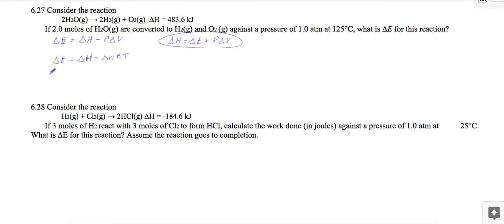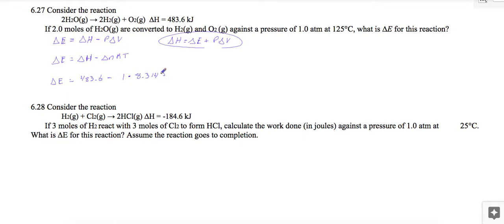We end up with 483.6 minus the change in number of moles is going to be 1 times R, which is going to be 8.314.